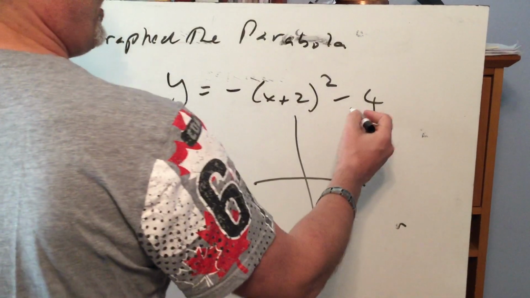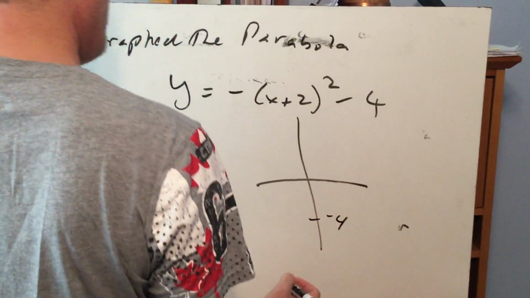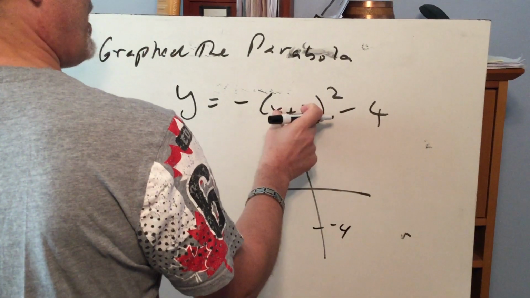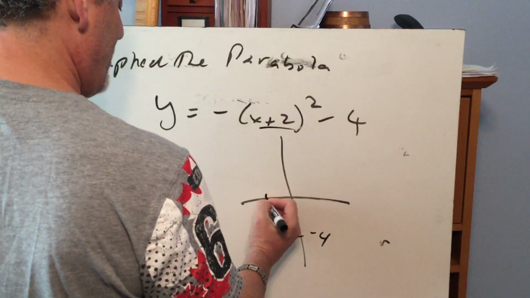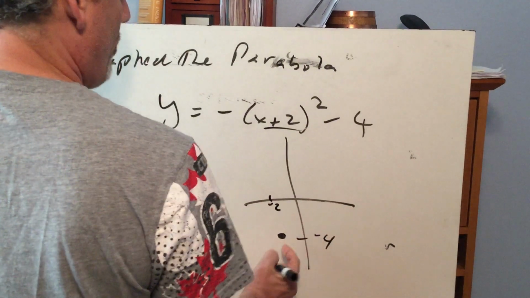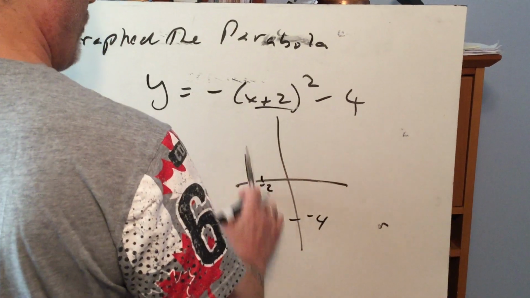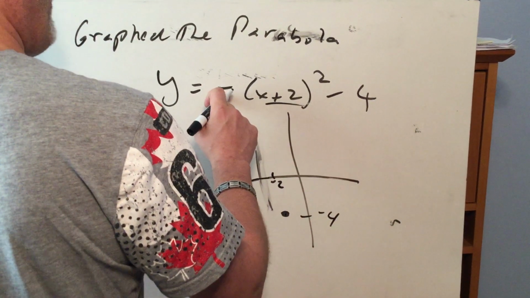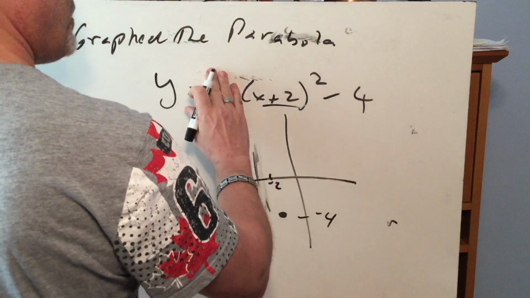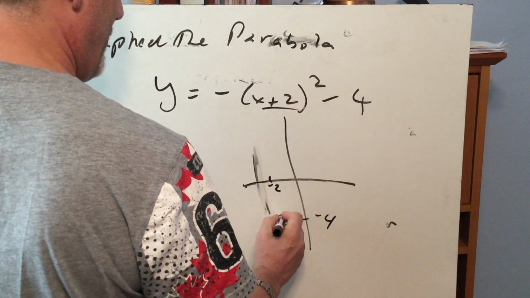We went down 4, and then we went opposite. Everything inside is opposite, which is negative 2. That was called the vertex from the other day. Before I graph it, we look here. If it's negative, we flip it. If it's positive, it's an upward parabola. So that's down.